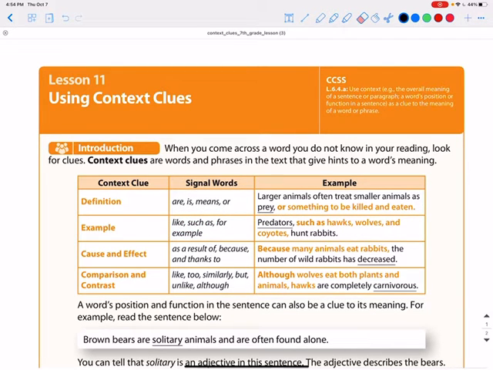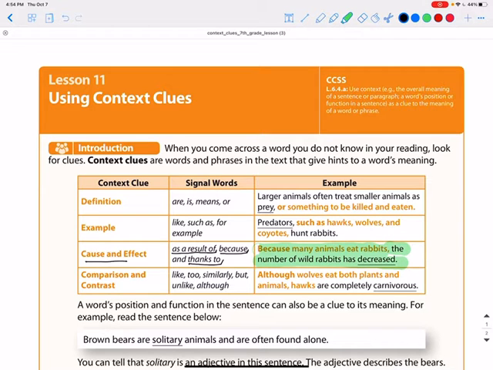Next, cause and effect. Cause and effect are as a result of, because, and thanks to. So let's go ahead and read this. Because many animals eat rabbits, the number of wild rabbits have decreased.